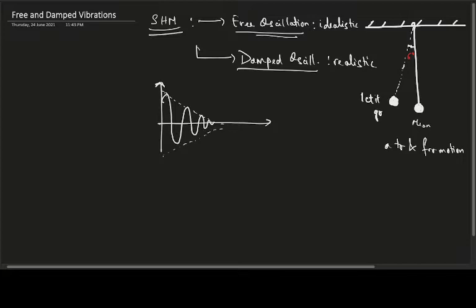You see these dotted lines; these are basically marking the flow of the maximum displacement, or the amplitude. So this decreases exponentially.